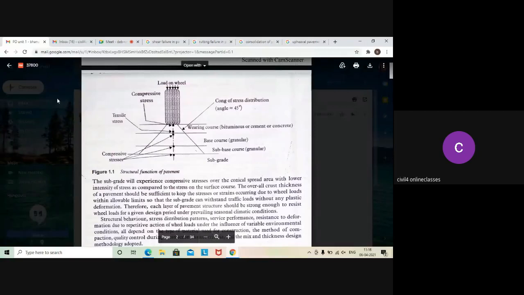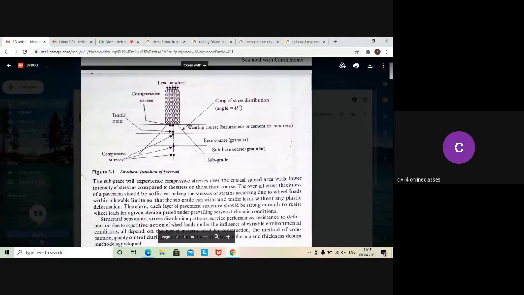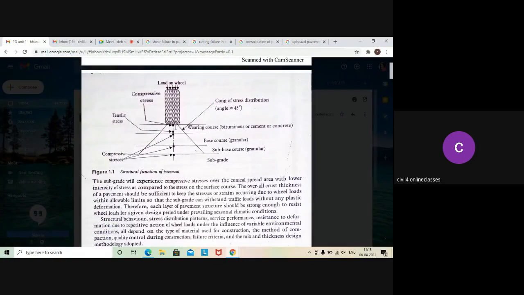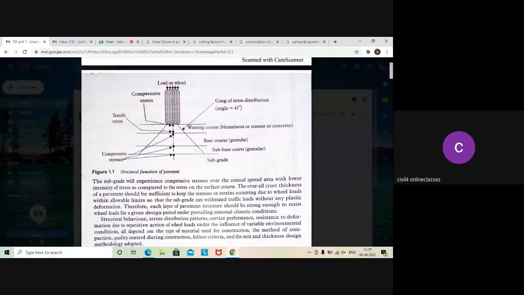If you observe this figure, you can see the load coming onto the wheel. The wheel load is transferred to the pavement surface, that means the topmost layer. At the point of contact between the wheel and the pavement surface, compressive stress is produced.